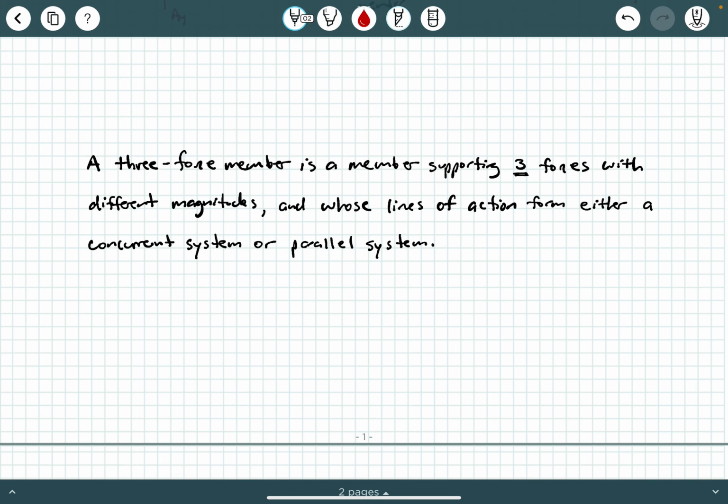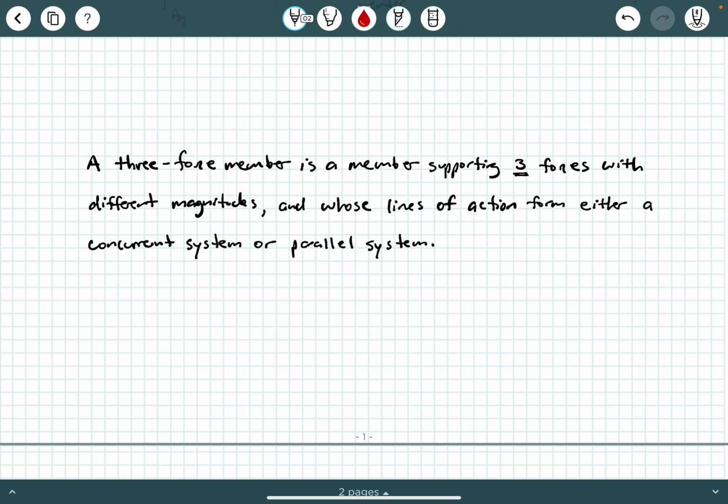a member here, and let's say that it's on some kind of inclined planes, okay? And then let's say that it's got an applied force here. Let's call this F1.